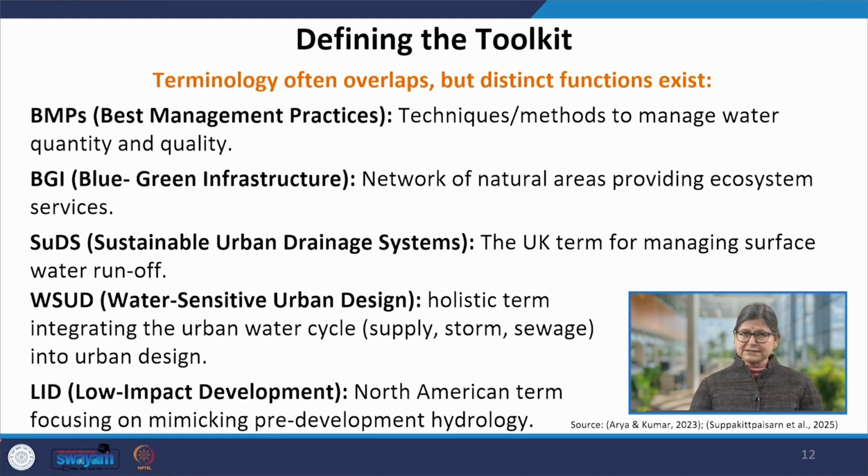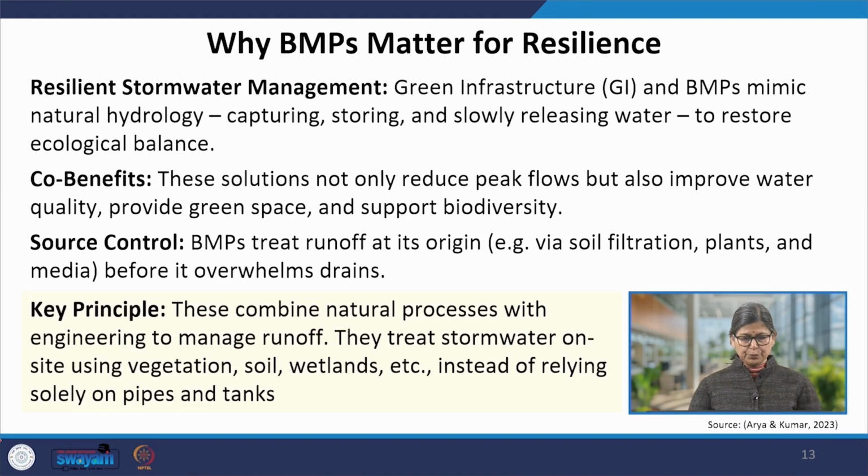WSUD, we discussed it at length. Water sensitive urban design is a holistic term integrating the urban water cycle, supply, storm, sewage into the urban design. Low impact design is a North American term focusing on mimicking pre-development hydrology. So you can see the terminology may overlap, but each one also has its distinct area to cater to.